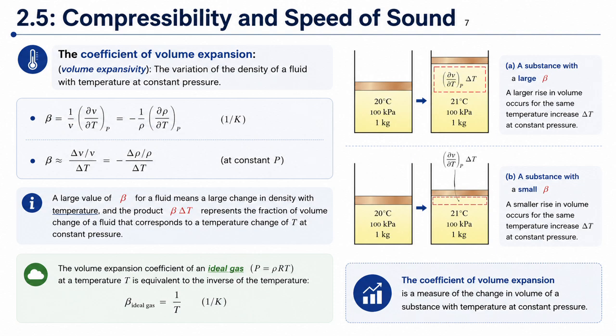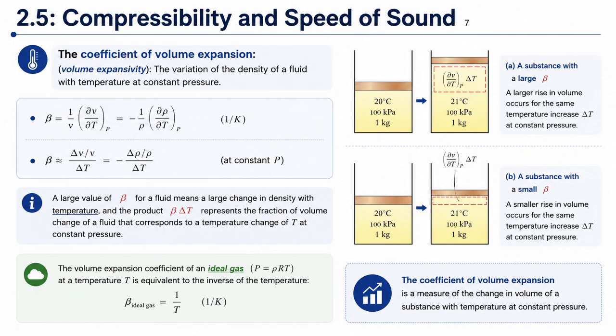For small changes, the approximate relationship is beta is equal to delta V by delta T, which is equal to minus delta rho by delta T. This coefficient tells us how much fluid expands when temperature increases at constant pressure. A large beta means the fluid volume changes significantly with temperature.